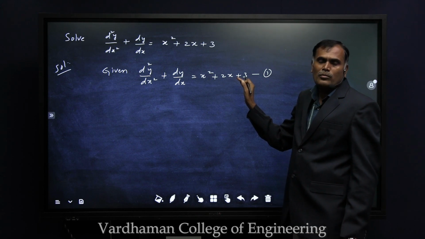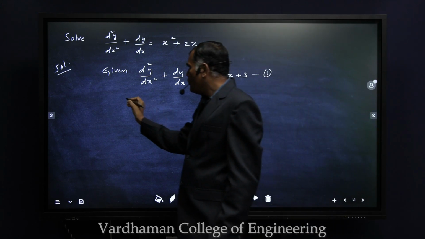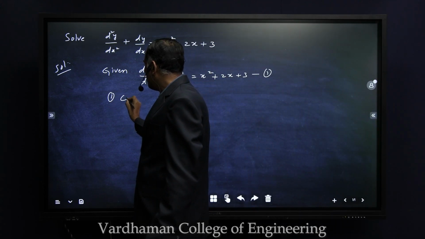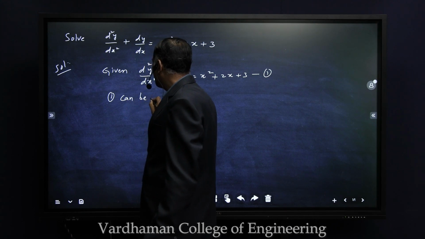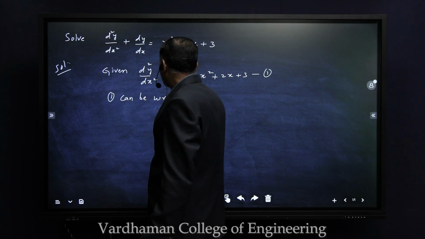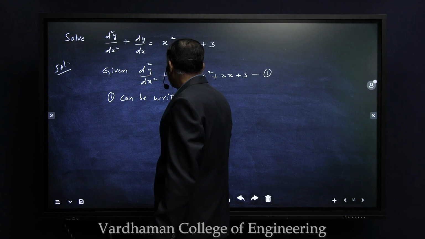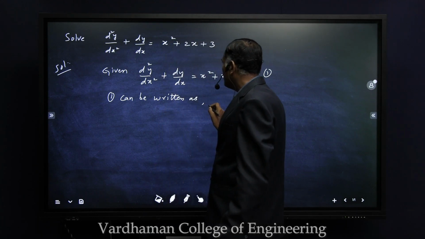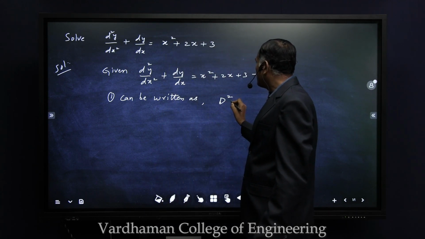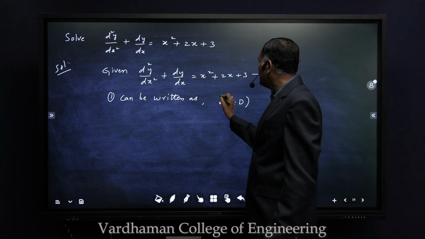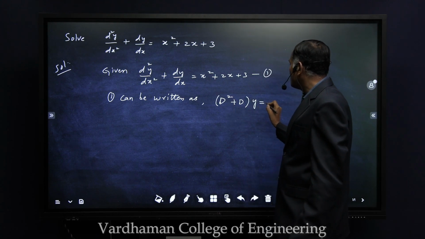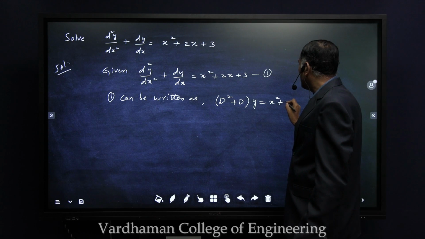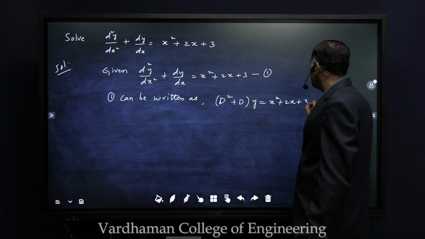First write the given problem in operator form. It can be written as (D square plus D) into y equals x square plus 2x plus 3.